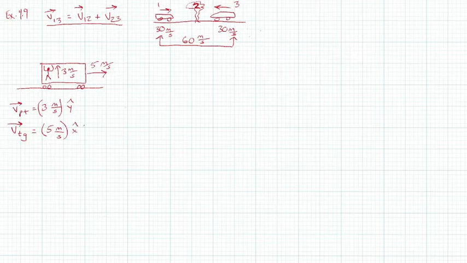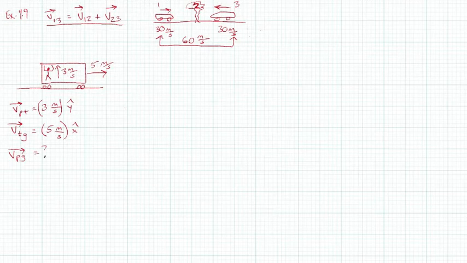Now, if either of these two objects were moving at a different angle other than horizontal or vertical, we would have an extra step required to break it into y and x components, but this right here makes it easy for us. We have a person climbing in the y direction and a train moving in the x direction. So the question is, what is the velocity of the person to the ground?